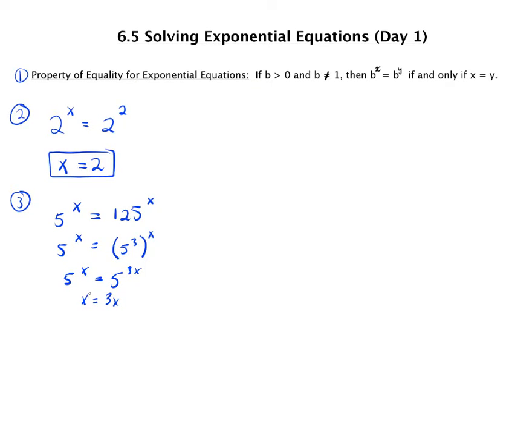Now, the problem here a lot of times is that we need to get the x's together. What I notice sometimes with students at this point is that they try to divide both sides by x. And right now, you don't have a license to divide by x.